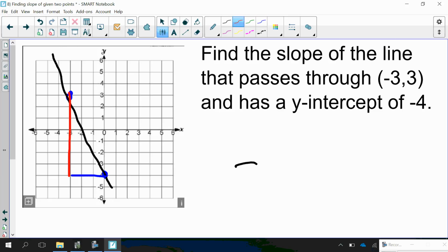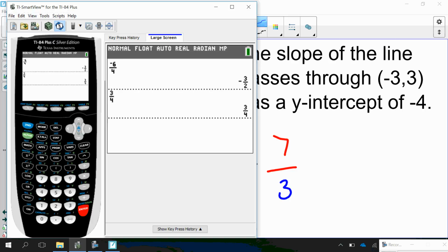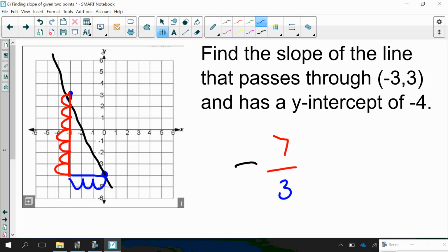Let's count my rise. 1, 2, 3, 4, 5, 6, 7. And my run. 1, 2, 3. Let's double check if that can be simplified. Negative 7 over 3 gives me negative 7 thirds. So my slope is negative 7 thirds.